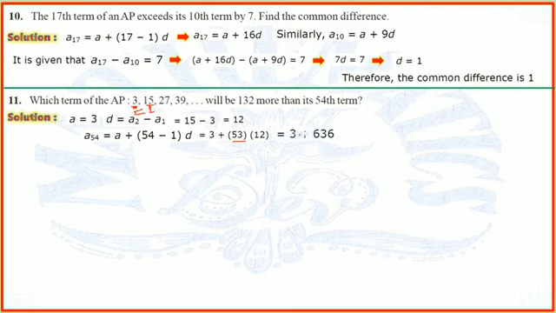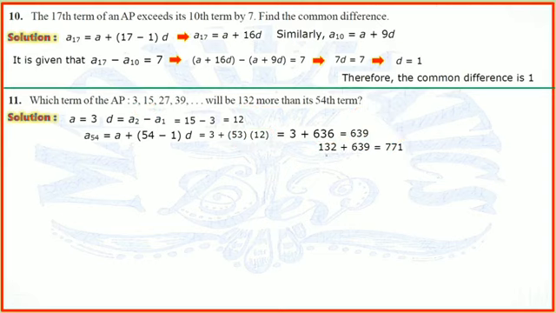The product of 53 and 12 is 636, so it equals 639. Now this is the 54th term. According to the question, it is 132 more than its 54th term, that means we need to add 132 to 639.